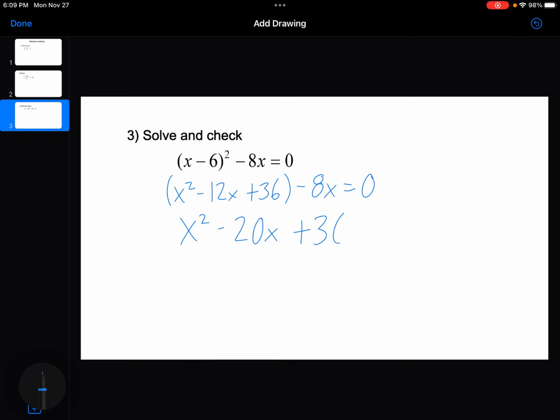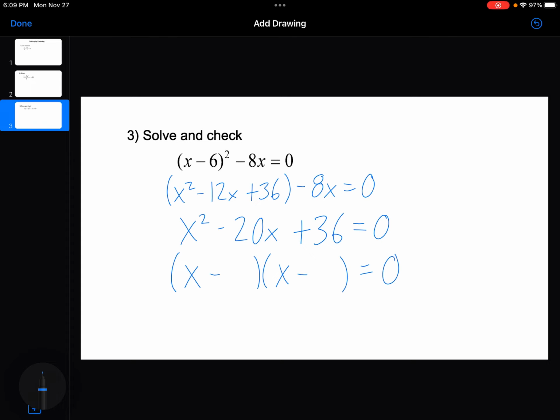plus 36 equals 0. Now when we're doing this, we need two numbers that multiply to 36 and add to negative 20. So what we're going to do is we're going to start here, x equals 0. We know both of them have to be negative.